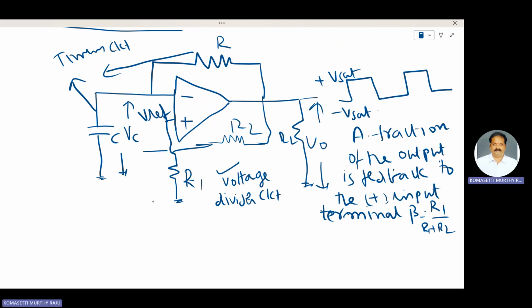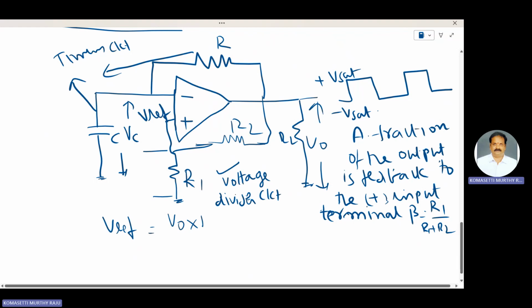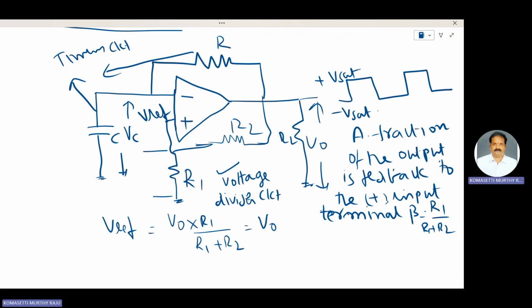Here the reference voltage, V reference, is equal to the total output voltage V0 times R1 by R1 plus R2, that is beta V0. This is the reference voltage. VC is the capacitor voltage.